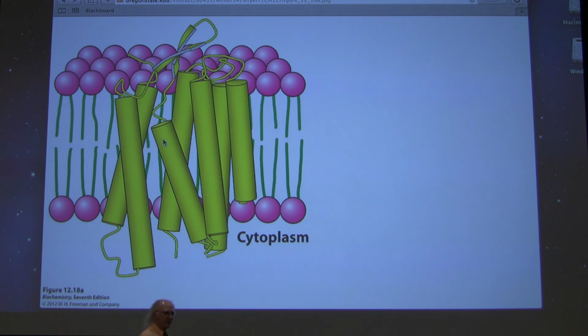It goes very rapidly. And I'm using my leg for a purpose, because what this guy does is it kicks protons out of the bacterium. It literally kicks them out. Every time it bends, it kicks protons out.